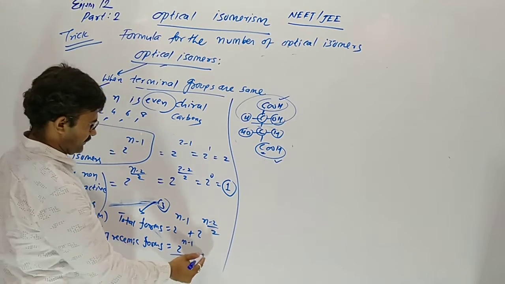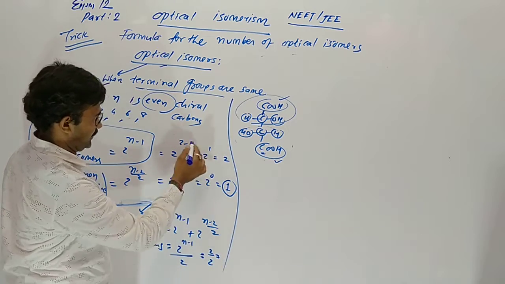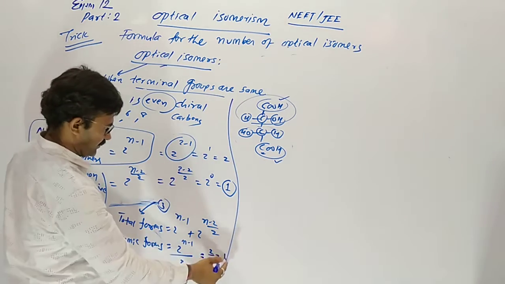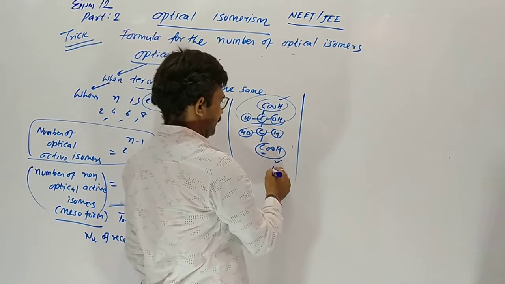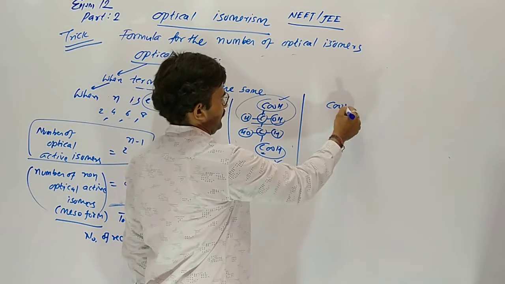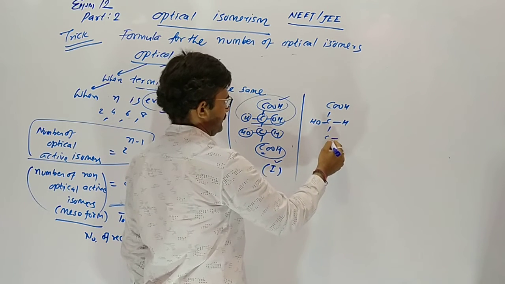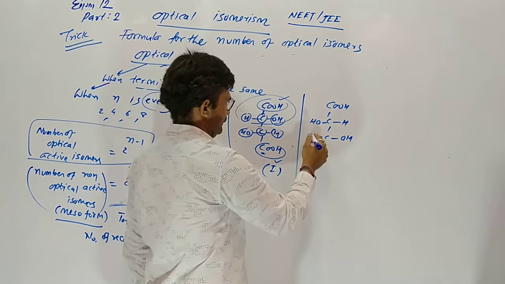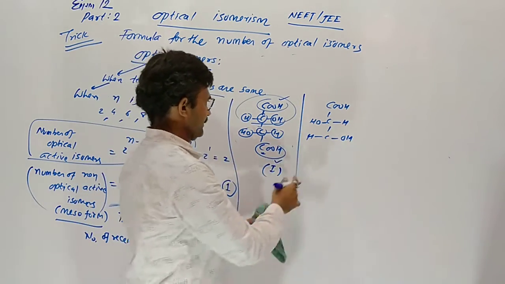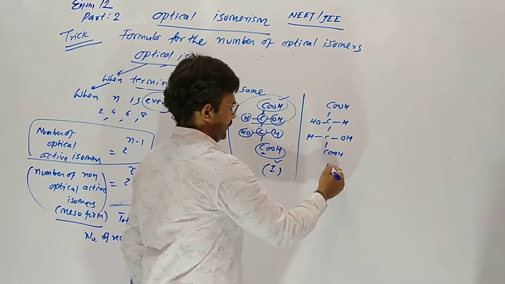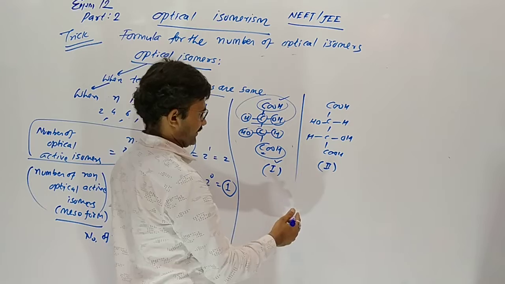And what about racemic mixtures? So 2 by 2, 2 raised to n minus 1 by 2, so 1 racemic mixture occurs here. This compound gives a mirror image like this. Left hand side comes here, right hand side, right hand side here, left hand side. 1 and 2 are enantiomers, mirror images of each other.